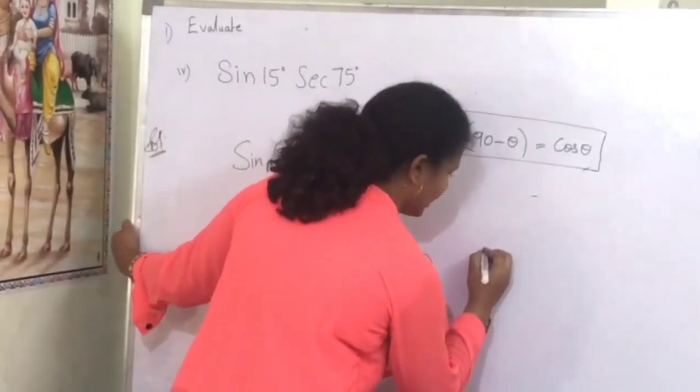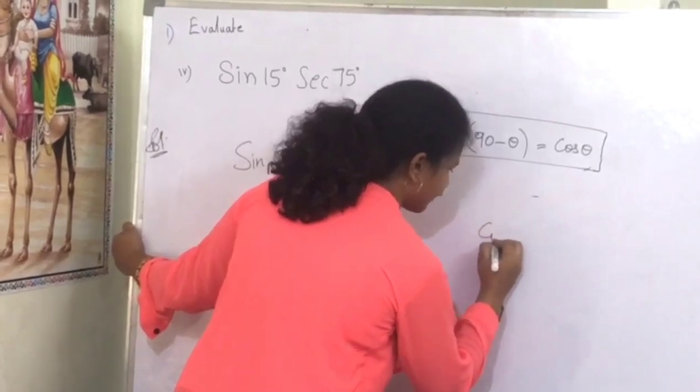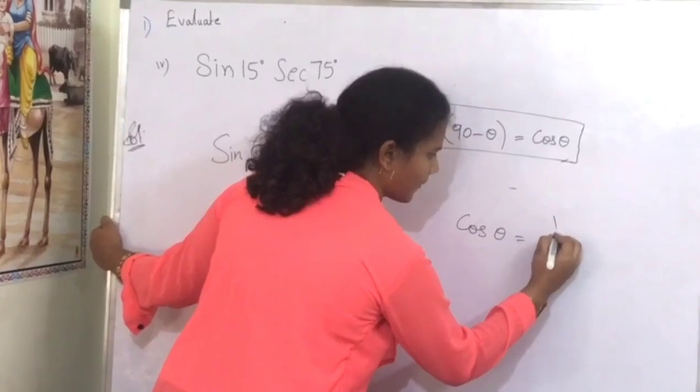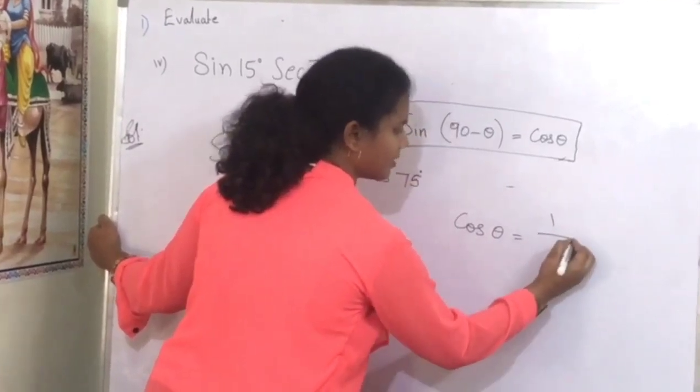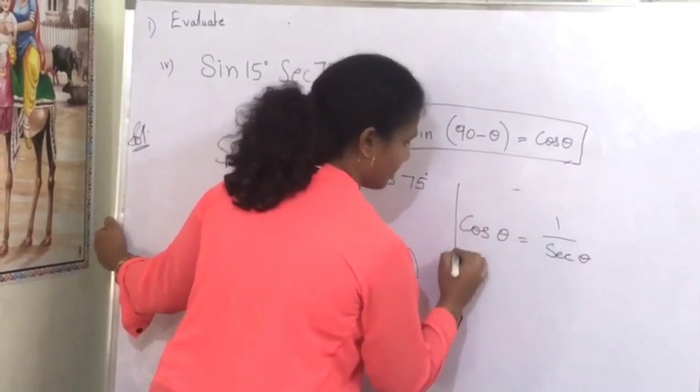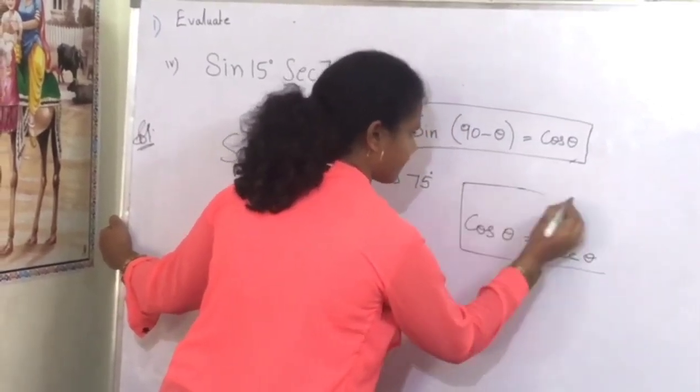Here let me write down, cos theta equals to 1 by secant theta. Okay.